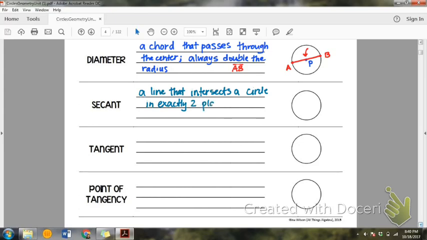So it's a line that intersects the circle in exactly two places. It doesn't have to go through the center. So we could say it's going to intersect here, and if I drew a line like this, it's touching here. But this is just a segment. Remember, a line continues to go on, and it has arrows on the ends. And so we would call this maybe point X and point Y over here. So this secant is line XY.